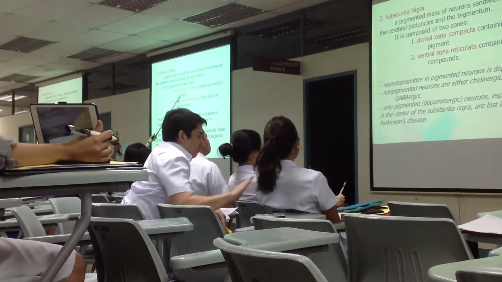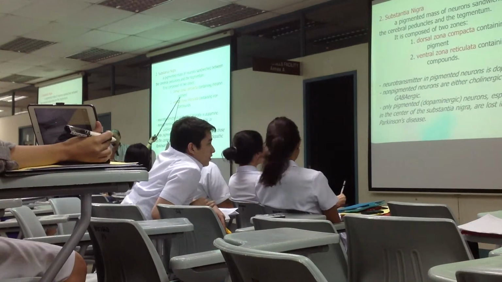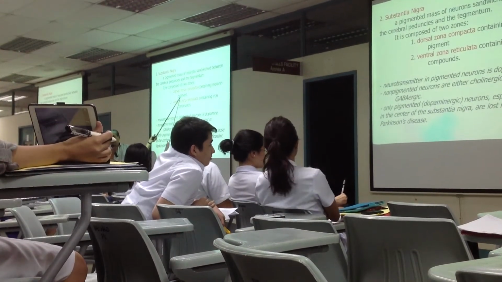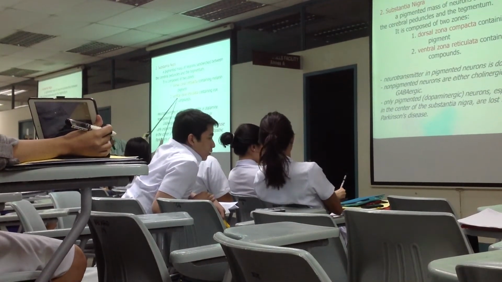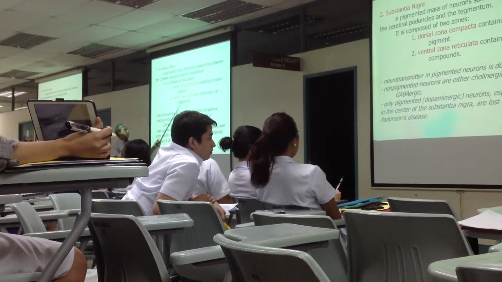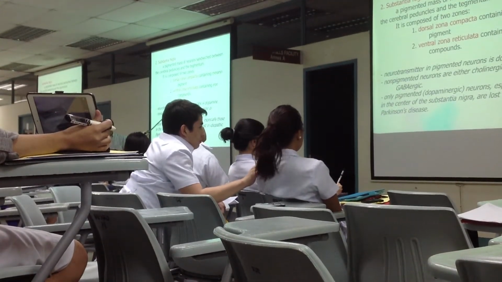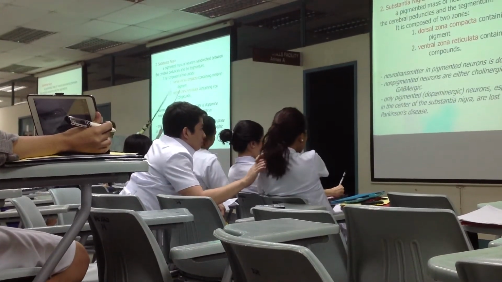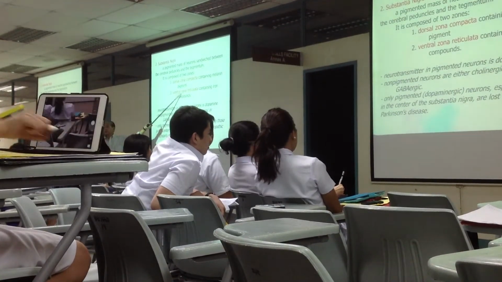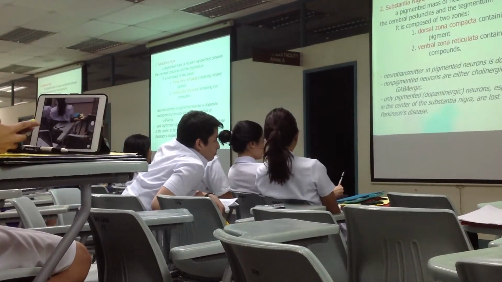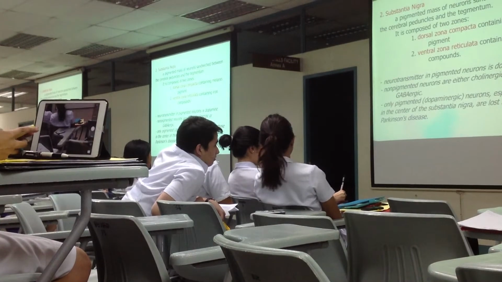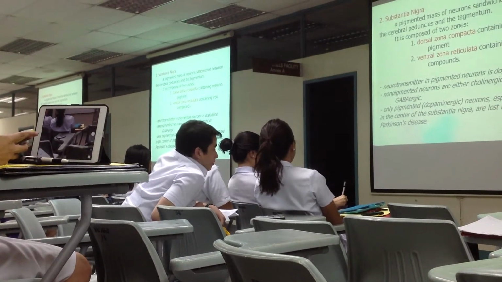And this is the one that is usually compromised in patients with Parkinson's disease. Okay? While the ventral zona reticulata contains iron compounds. So it is the dorsal component of your substantia nigra that is usually affected in patients with Parkinson's disease.